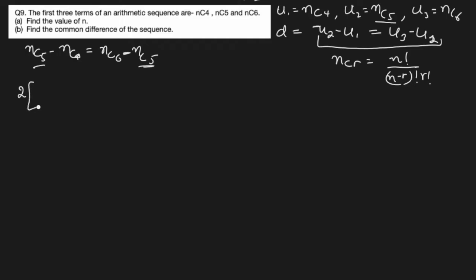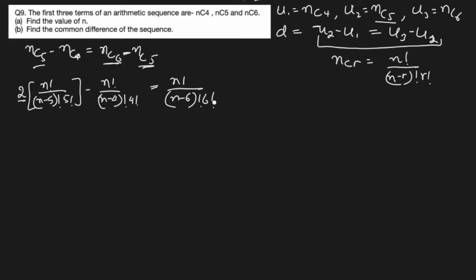So it will be 2 times n factorial over n minus 5 factorial times 5 factorial, minus n factorial over n minus 4 factorial times 4 factorial, equal to only nC6 is left here, so n factorial over n minus 6 factorial times 6 factorial. If we try to expand this it will take ages.